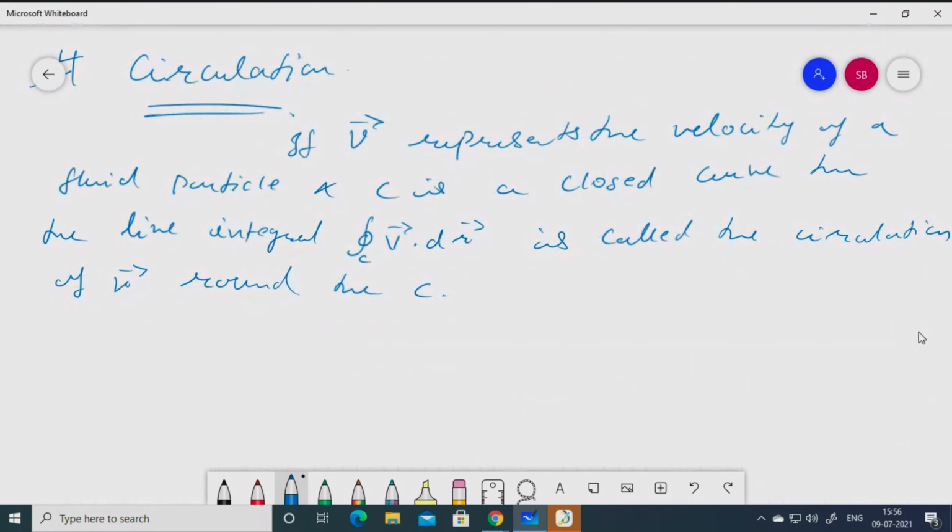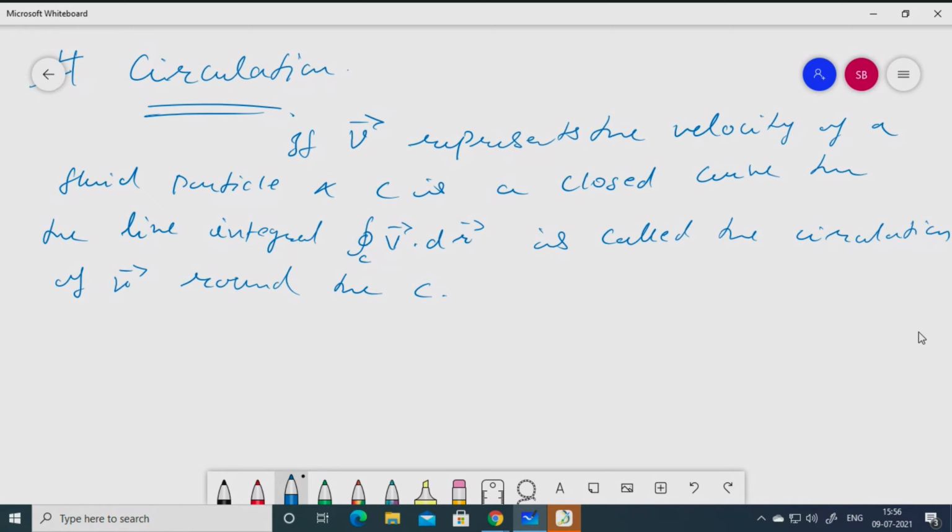Okay, now understood the circulation? For circulation, we should have a closed curve first thing. So if v bar represents the velocity of a fluid particle and C is a closed curve, then this line integral represents the circulation of the velocity vector.